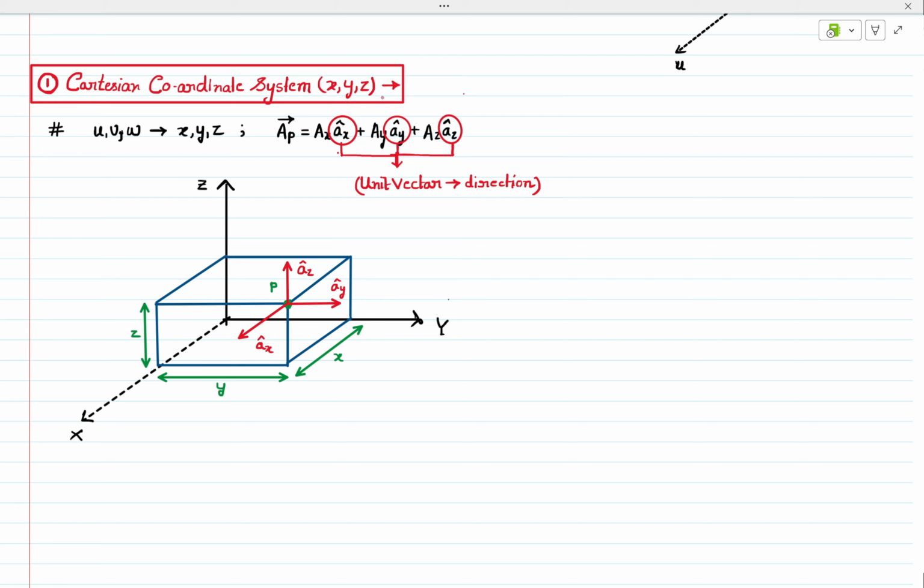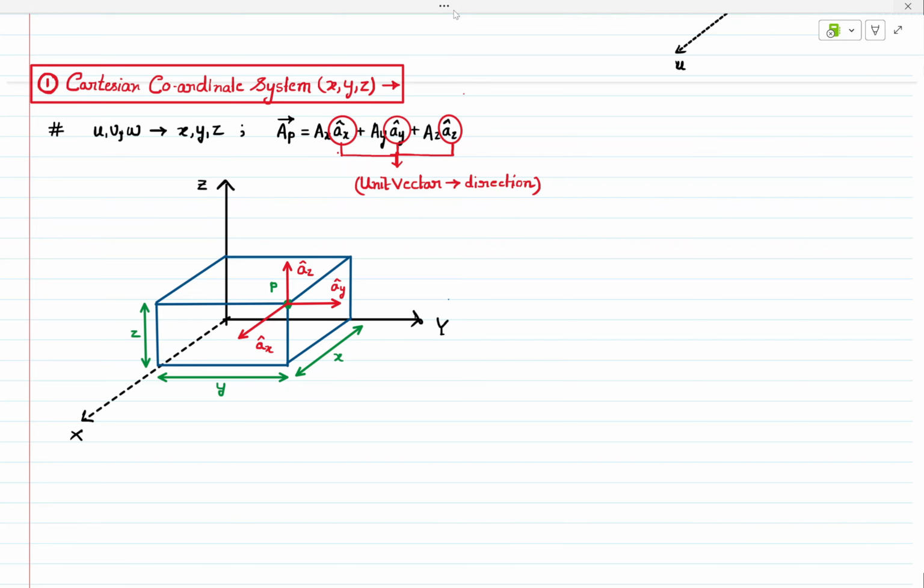Now, the interesting fact, if you look carefully, is that the angle between any two of the unit vectors ax, ay, and az is always 90 degrees.